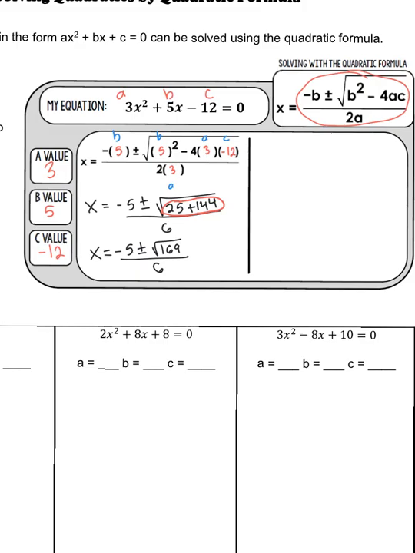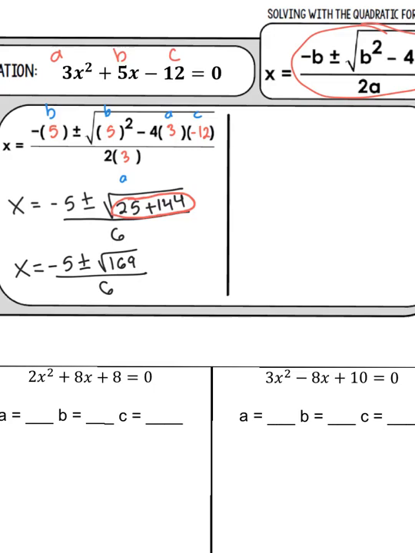So we're going to kind of break this off into two little equations. So you're going to have -5 plus or minus the square root of 169, which is 13, over 6. So I'm going to break this into two separate equations. One of them is going to be -5 plus 13 over 6. And the other one is going to be -5 minus 13 over 6.